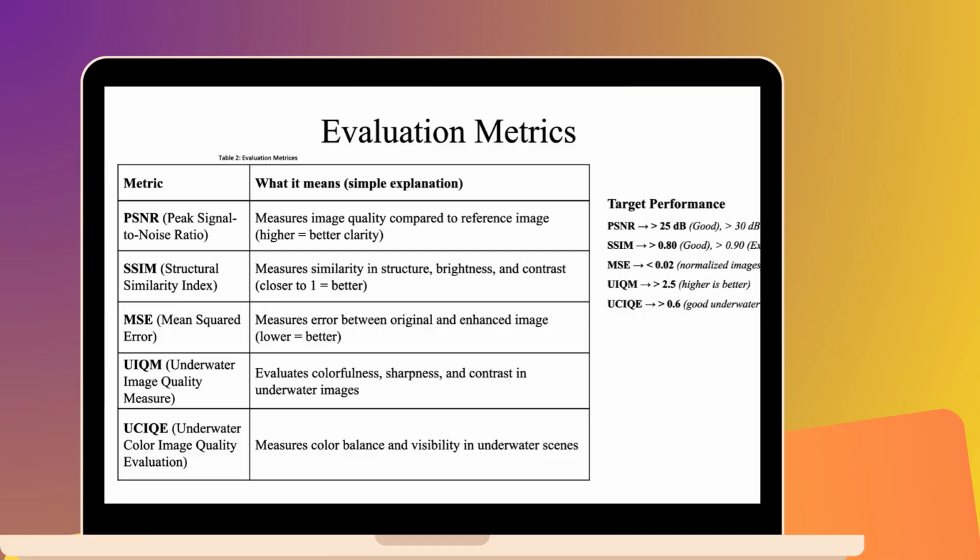It measures similarity in structure and brightness. Values closer to 1 indicate better quality. The third one is UIQM, which stands for Underwater Image Quality Measure, which evaluates underwater image sharpness and colorfulness. The fourth is UCIQE, Underwater Color Image Quality Evaluation. It measures underwater color balance and visibility.